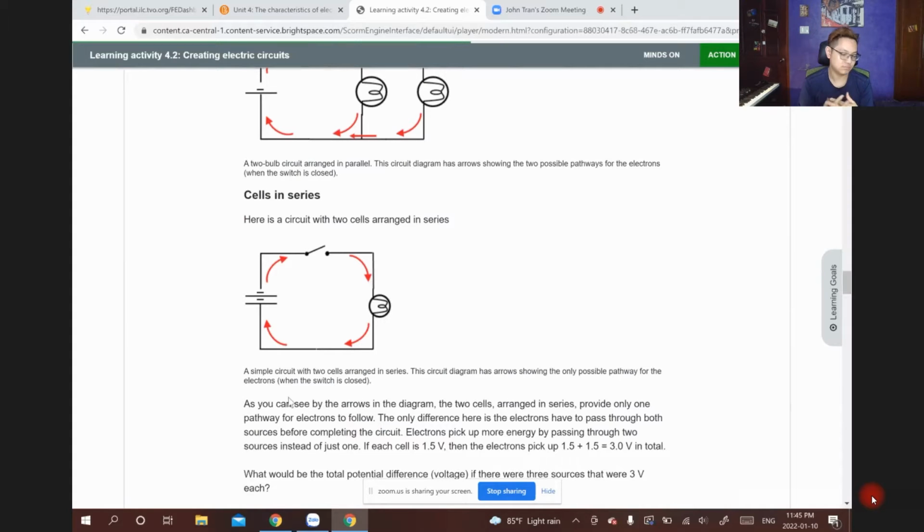As you can see by the arrows in the diagram, the two cells arranged in series provide only one pathway for electrons to follow. The only difference here is the electrons have to pass through both sources before completing the circuit. Electrons pick up more energy by passing through two sources instead of just one. If each cell is 1.5 volts, then you have 3 volts in total.